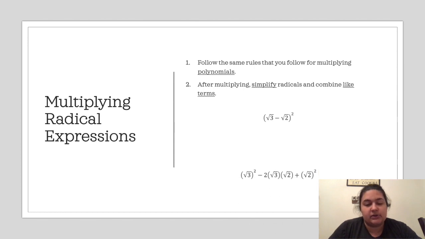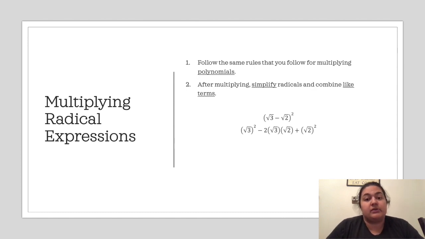So you'll see what I'm talking about. Maybe this will look familiar. I have that first term squared minus 2 times the square root of 3 times the square root of 2 plus the square root of 2 squared.